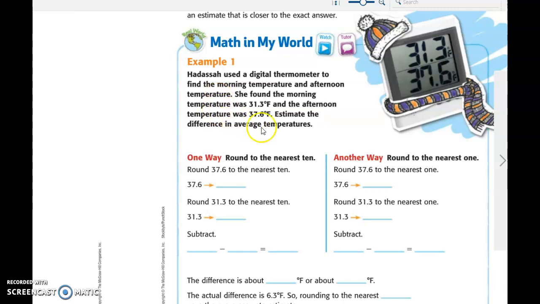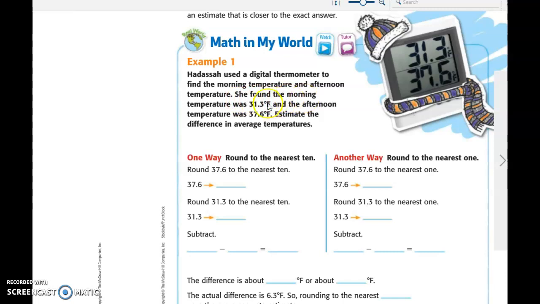Go ahead, Alexa. Right here, where it says example 1, where it says Math in My World. Example 1. Had that used a digital thermometer to find the morning temperature and afternoon temperature.